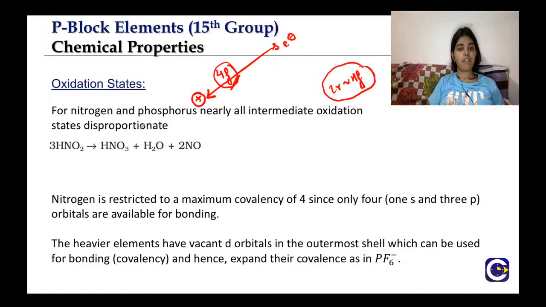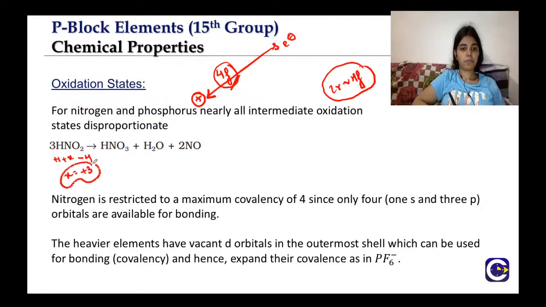So, for nitrogen and phosphorus, nearly all intermediate oxidation states disproportionate. So, here if you see, what is the oxidation state of nitrogen in HNO2? +1 plus X minus 4, so this will give you X equals +3. Here if you see, what is the oxidation state of nitrogen? +5, and here it is basically +2.